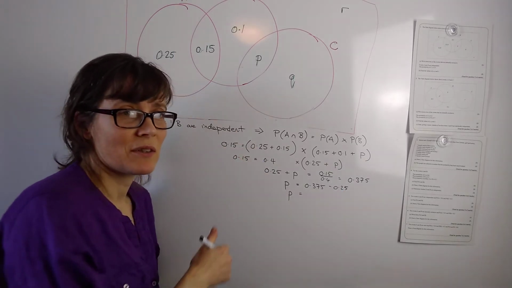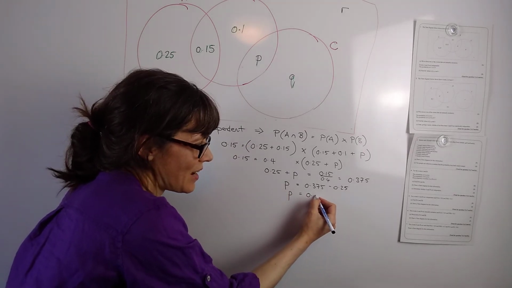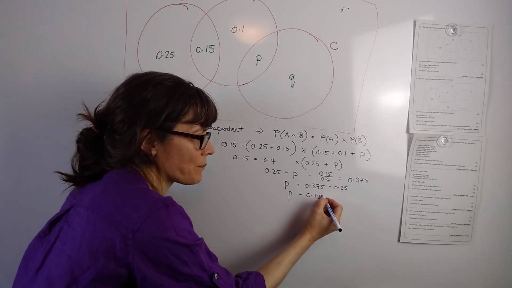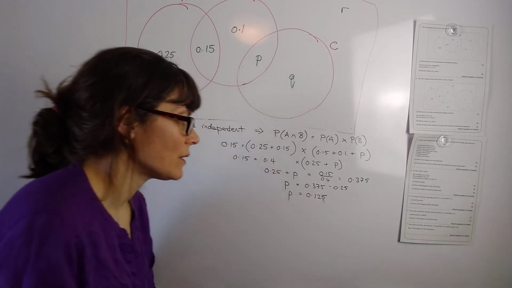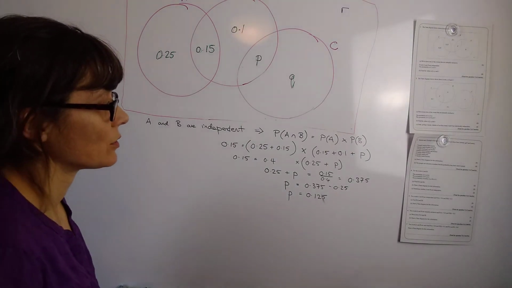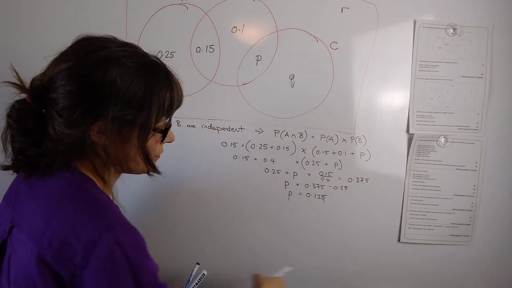So often, the method being what it is, just be careful not to slip up at the end. So it's 0.125, which is actually an 8th. Okay. So P we have found. P is 0.125, which is 1/8.